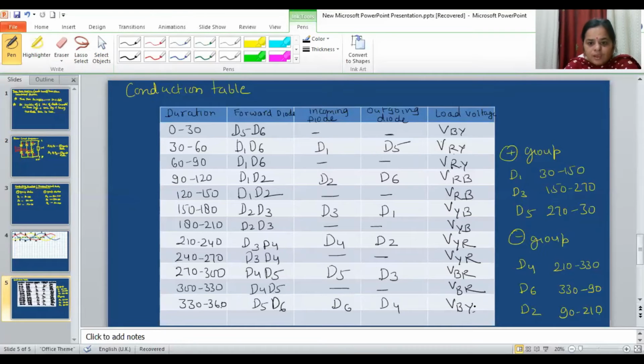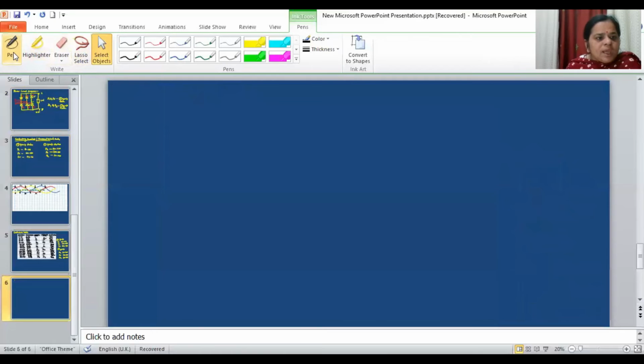Now you can observe that the load voltage I am getting is a line voltage, whereas the forward biased diodes I have calculated based on the conducting durations as per the phase voltage. So if you want to plot this load voltage, how are we going to plot it?